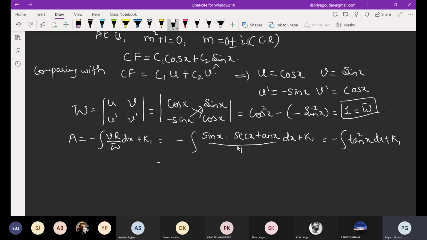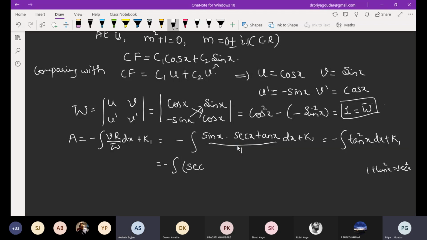So, if you want to integrate tan square, you don't have a direct formula, right? So, what is to be done here? How do you integrate tan square? The basic identity is: 1 plus tan square is secant square. So what is tan square?